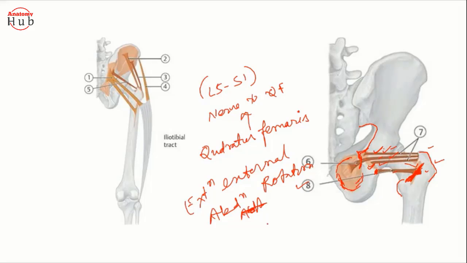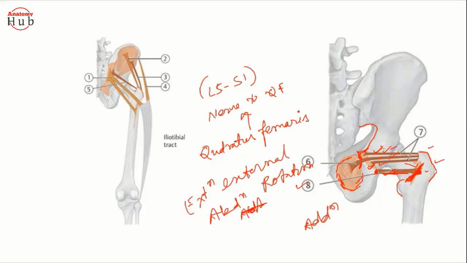Like that, the quadratus femoris that you can see over here actually helps in external rotation only, but here you can observe that when this muscle contracts, adduction will occur. All the above three muscles help in abduction, because you can see these three fibers are inserting to the greater trochanter superiorly.